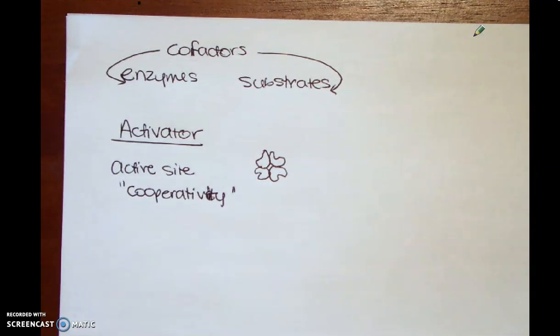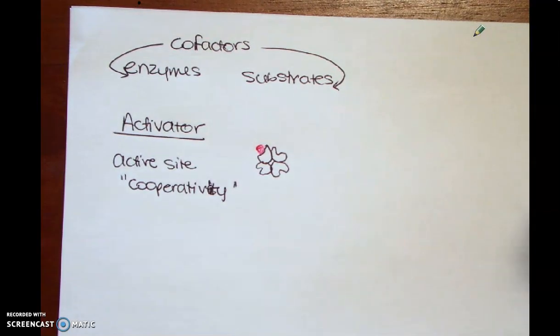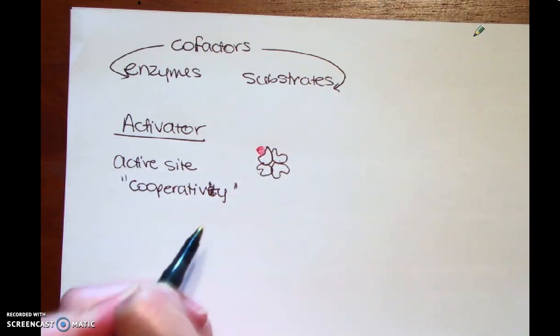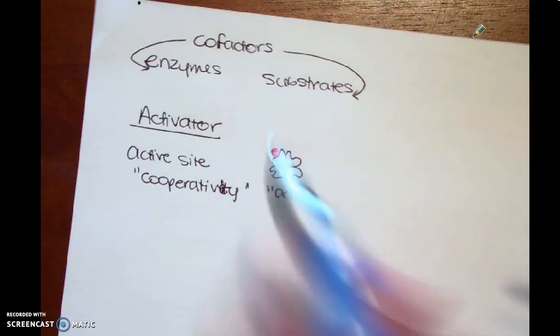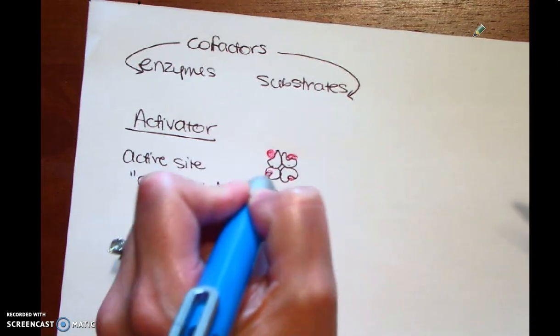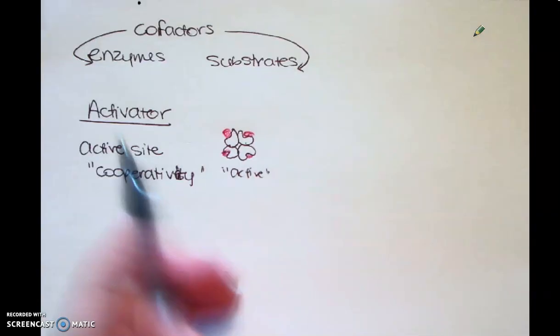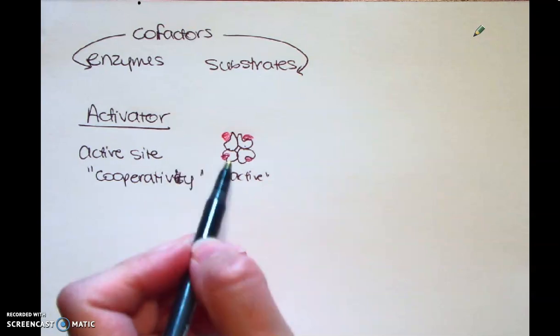And when a substrate binds to one, or an activator binds to, usually it's a substrate, binds to one, it freezes these other three into the active state, which makes it really easy for substrates to come bind to all of them. And so by turning on one, and sometimes this might be one enzyme with 4 active sites, it just really depends.